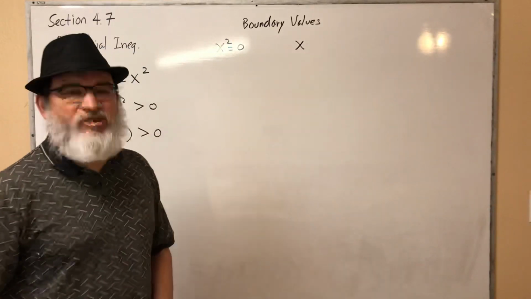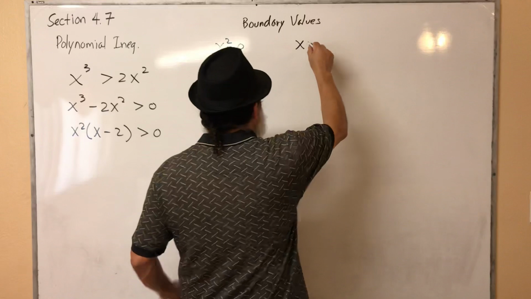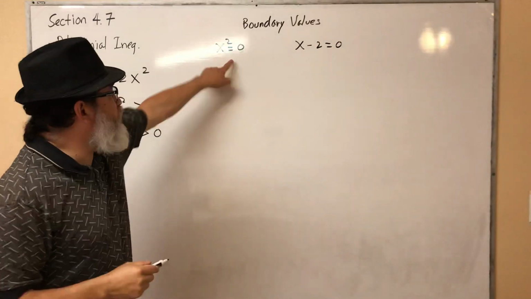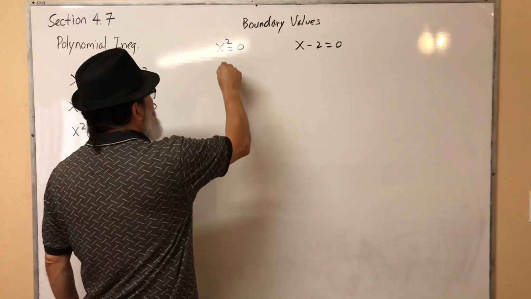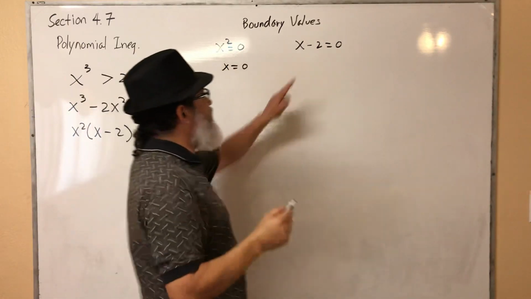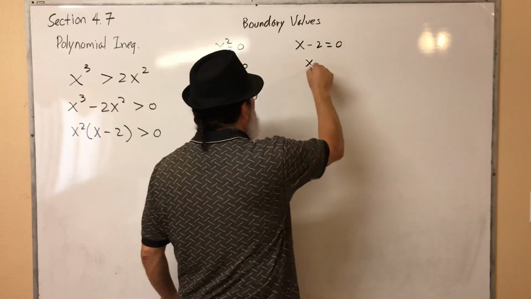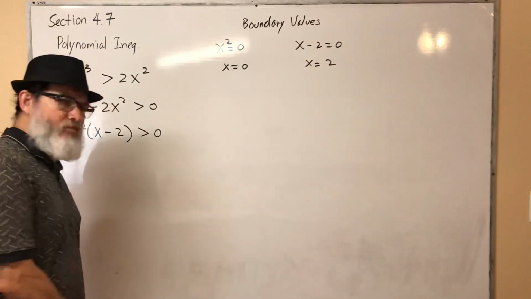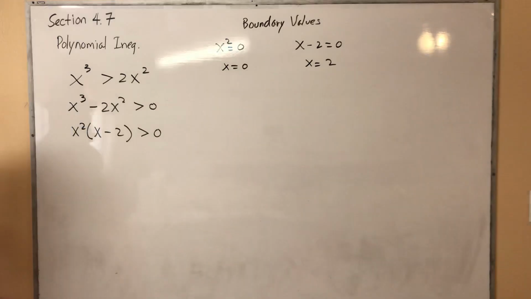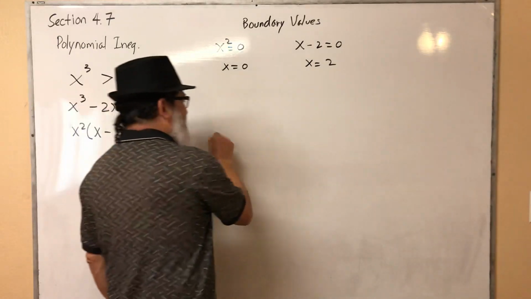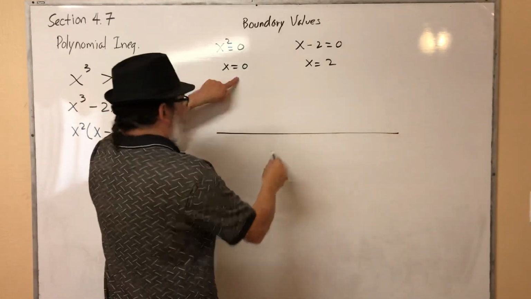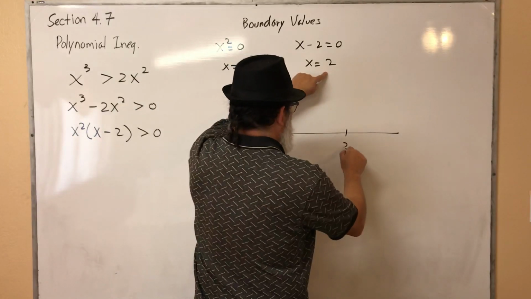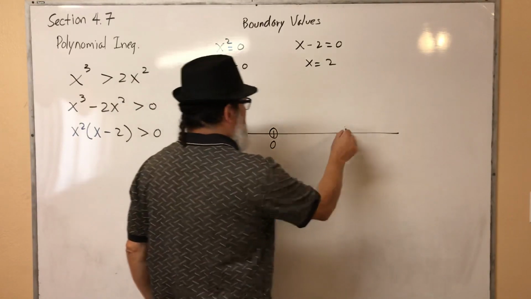Those are the boundary values. Okay. Solve this one. And solve this one. And we found the boundary values. Okay. Zero here and 2 there. Circle 0 and circle 2.